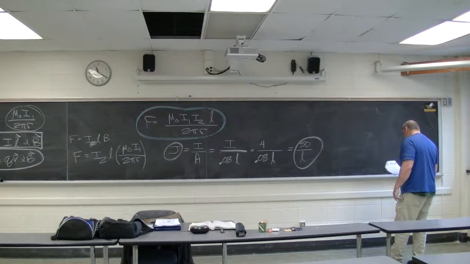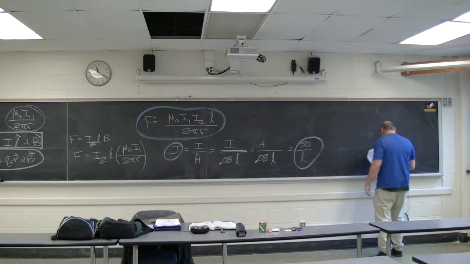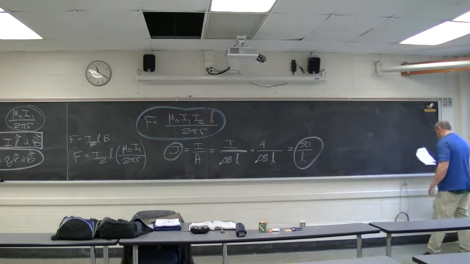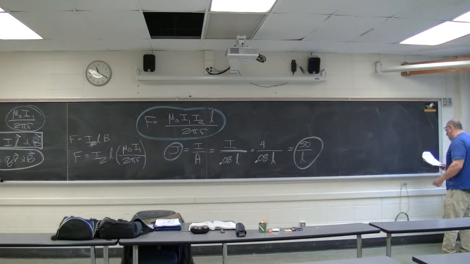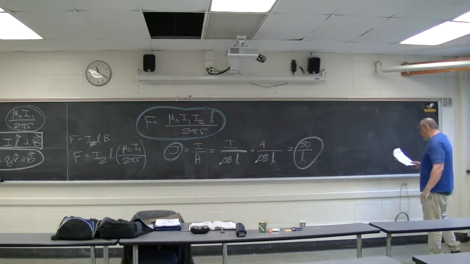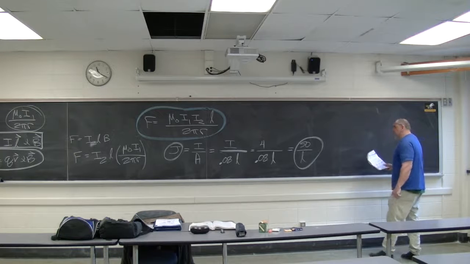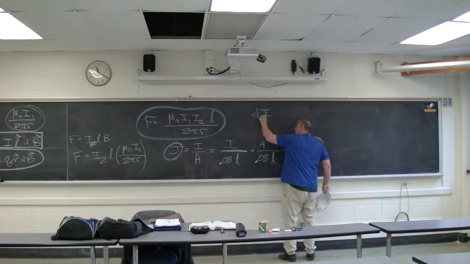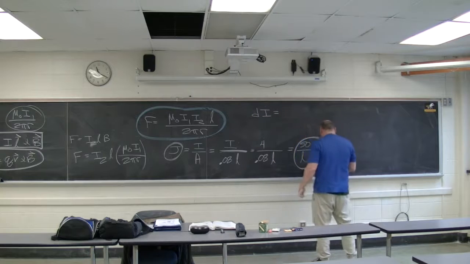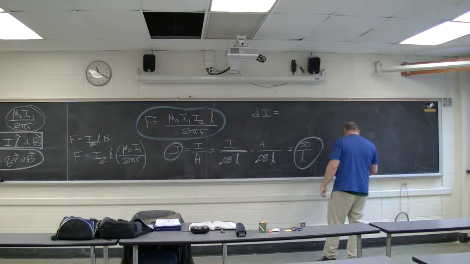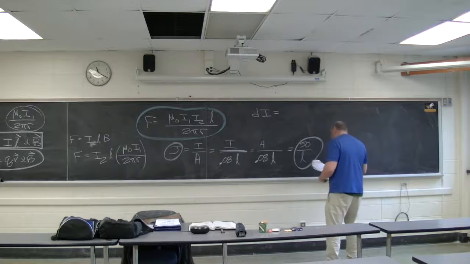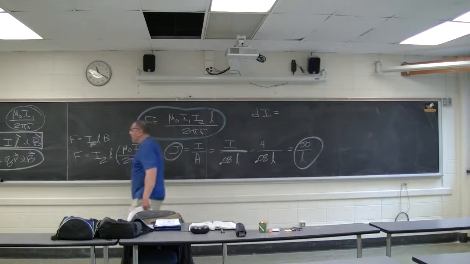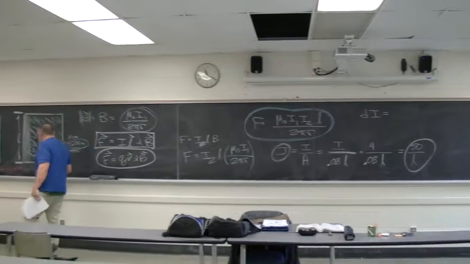Well, we can say that the amount of current that's going to occur, there's a number of ways to go here, guys. You can say, okay, this is it. Then you say, okay, there's a dI that's going to be equal to, see, we got to figure, let me try to make this make a little bit of sense here.